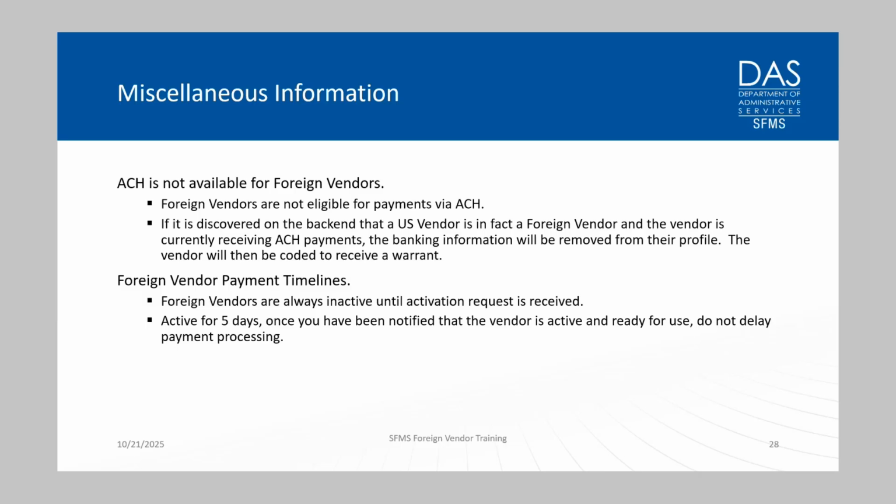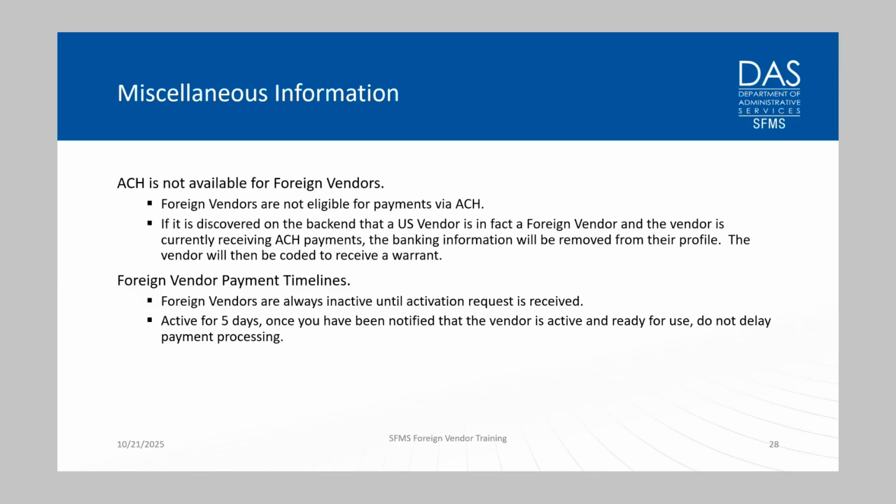Foreign vendor payment timelines: I've said this like 16 times, you're going to be really sick of me, but they are always inactivated until an activation request has been received. They are active for 5 business days once you have been notified that the vendor is active and ready for use.